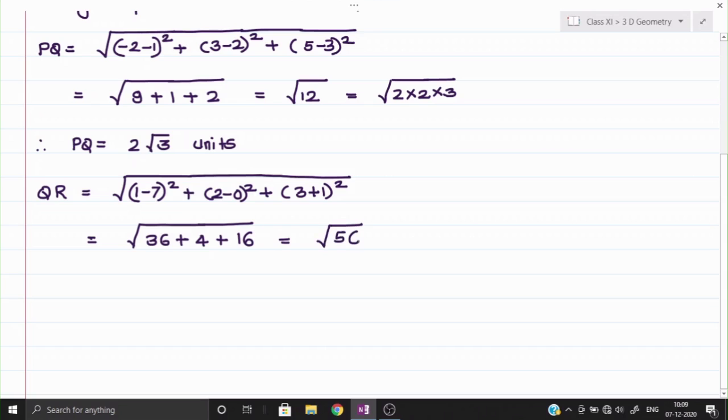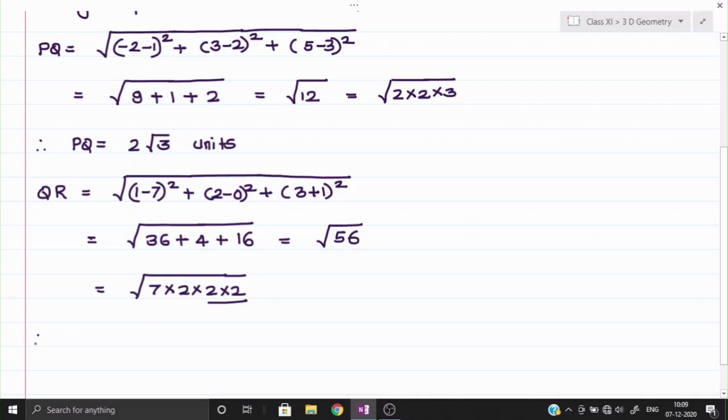56, if we make factors, then that will be 7 into 8, and further 8 can be factorized as 2 into 2 into 2. 7 into 2 into 2 into 2. Now one pair of 2 is complete here, so that we shall take outside.